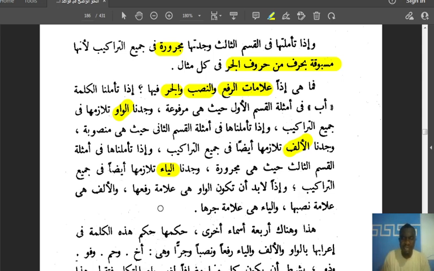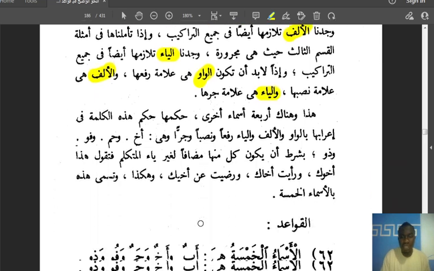We find that ya is consistently following it in all the examples. وإذن لابد أن تكون الواو هي علامة رفعها, waw must be a sign of raf, والألف هي علامة نصبها, and alif a sign of nasb, والياء هي علامة جرها, and ya a sign of jar when it is majroor.